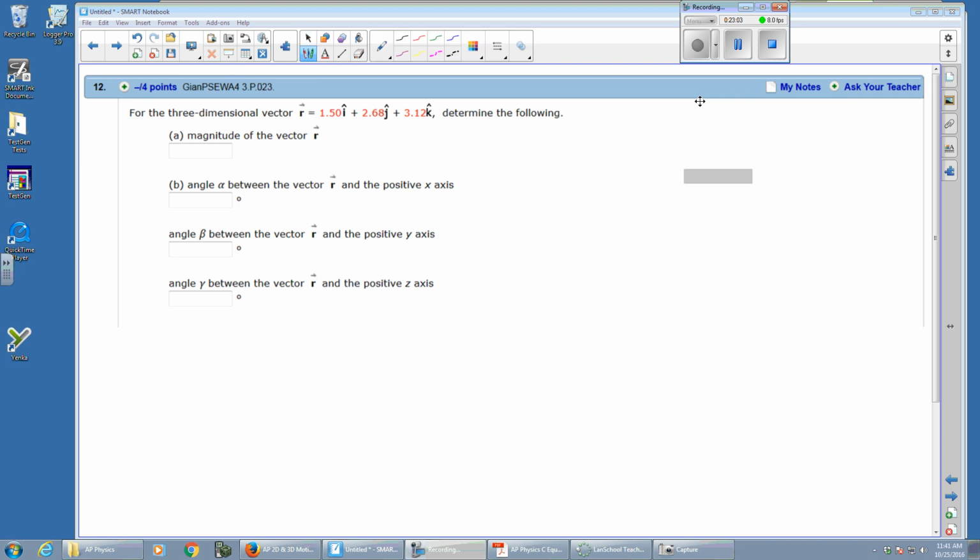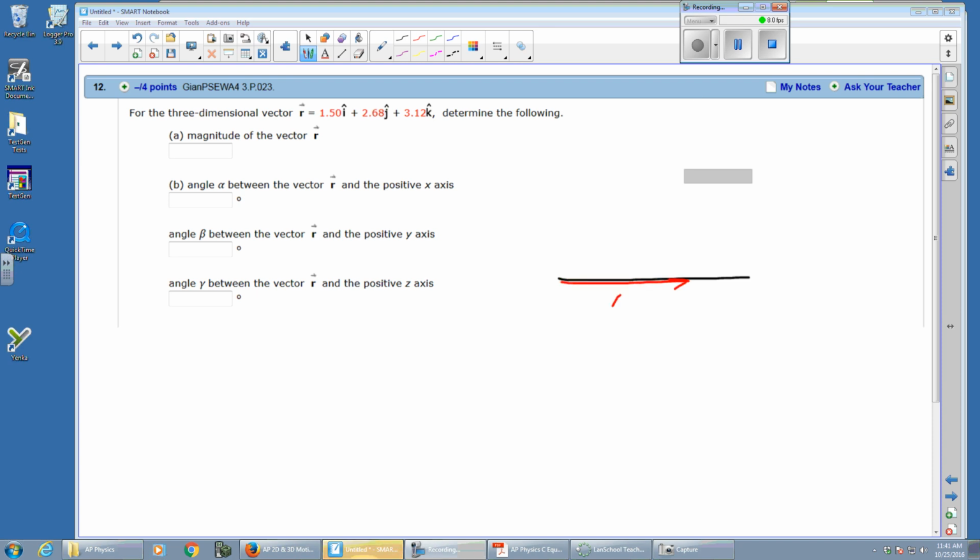So, positive x-axis is this way. Now, for B, I'm only going to look at the part of this vector that's in the xy plane, which is the 1.5i plus 2.86j. So there's my positive x-axis.